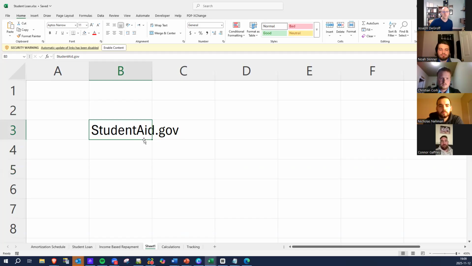Even if your loan servicer is Mohela or Navient, or whoever's doing the student loans these days, you actually don't set your payment plans up with the providers.